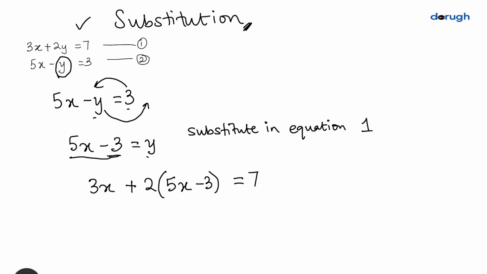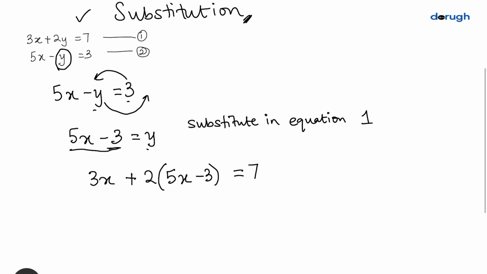That's the whole point of substitution. It's easy and best when you have a variable that does not have any coefficient attached to it. We'll call this equation 3 because it's a new equation, and expand it. We have 3x plus 10x minus 6 equals 7.